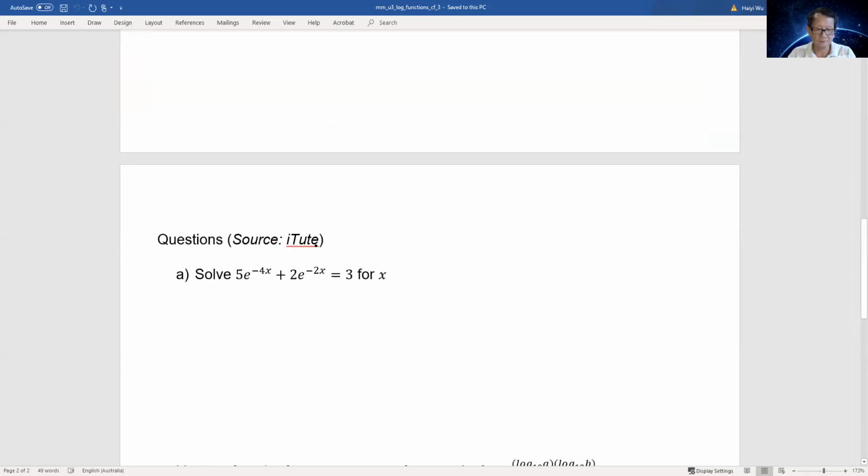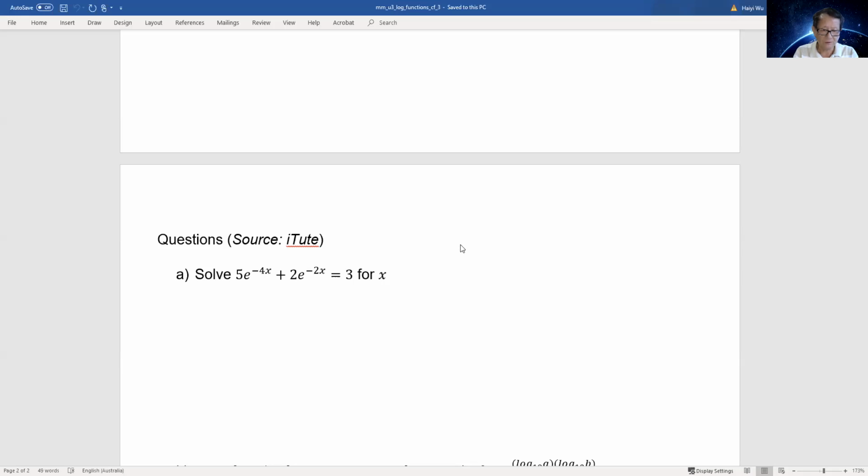First one, solving an equation for x. Now we know the x is on the top index number. So in order to solve, we must change to something like a quadratic function or linear function or cubic function.